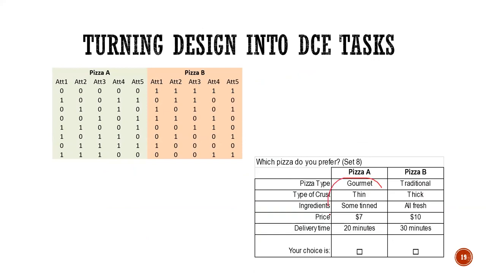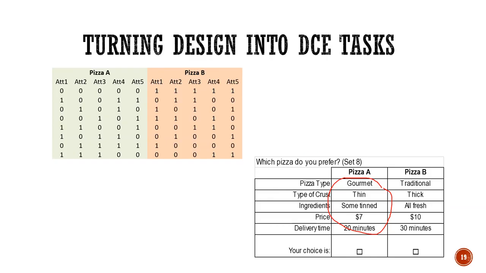So these are all the base options. But for pizza B, you show the alternate options, that is traditional, thick crust, all fresh ingredients, price of $10, and delivery time of 30 minutes. That's how you take the designs and show them to the consumer.